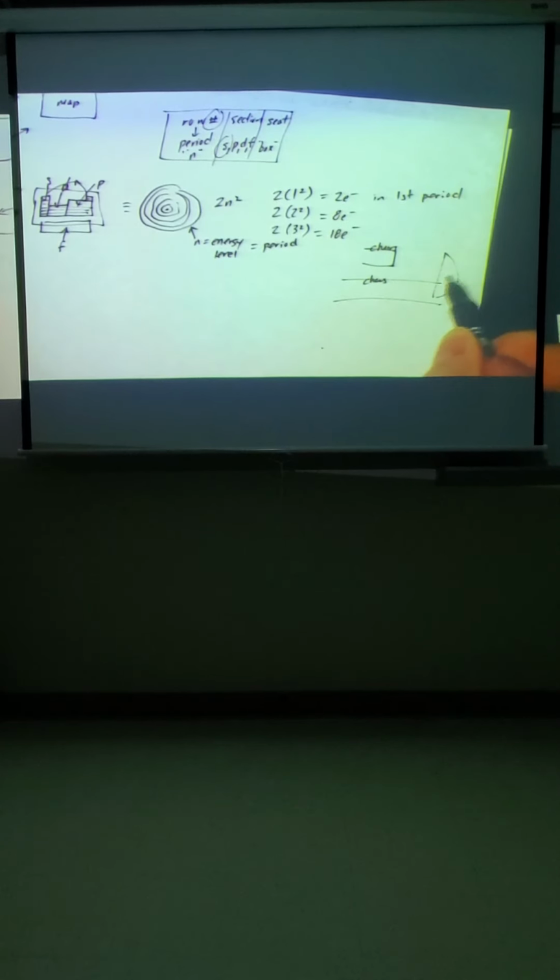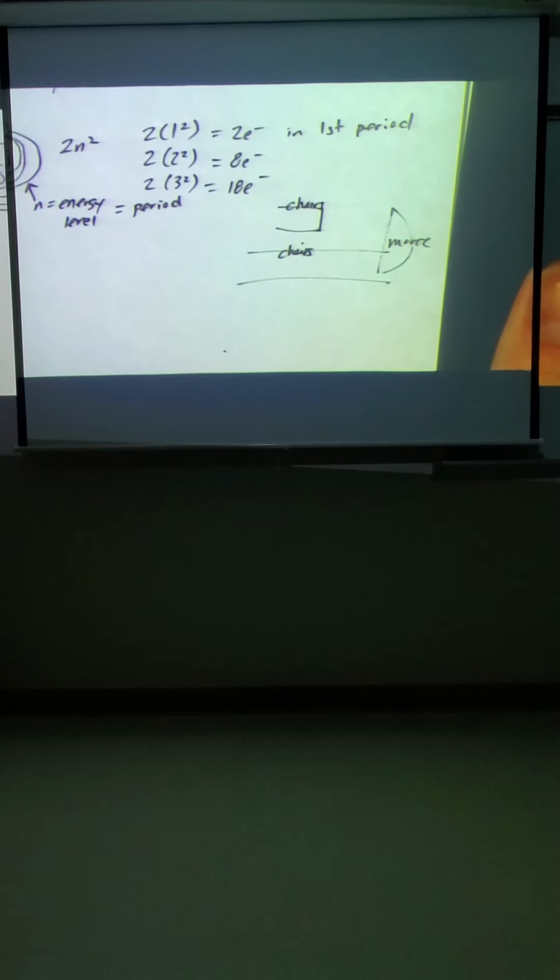So let's just say this is the movie screen. So if you have chairs above other chairs in 3-dimensional space, what does that really mean? Well, it means that this is a balcony. There's overlapping energy levels, just like there's overlapping chairs in a 3-dimensional stadium.